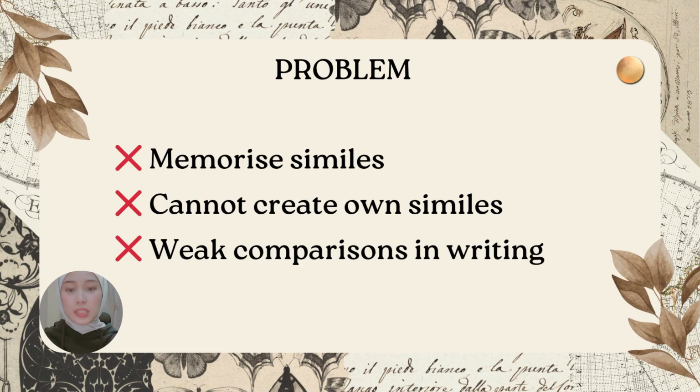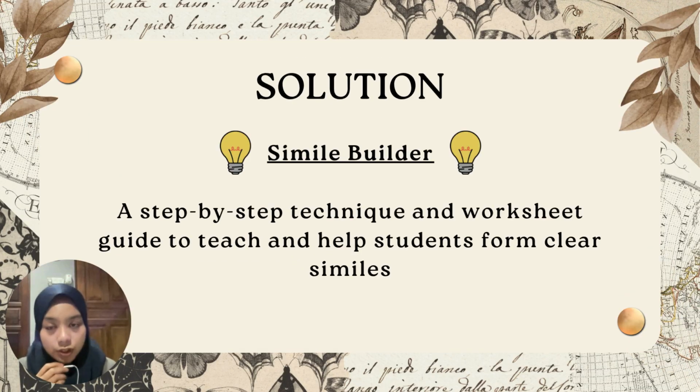Sometimes the objects they choose do not match the quality they want to describe. For instance, saying happy like a rock does not really make any sense because the comparison is not logical or even meaningful.